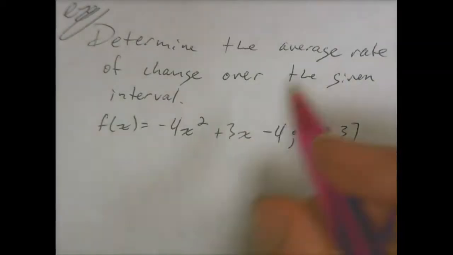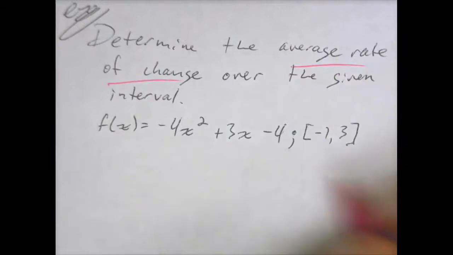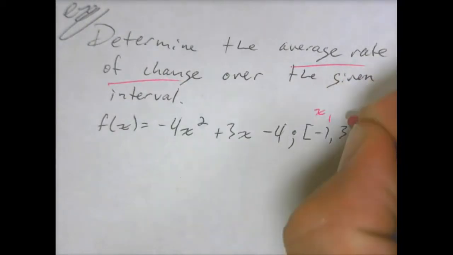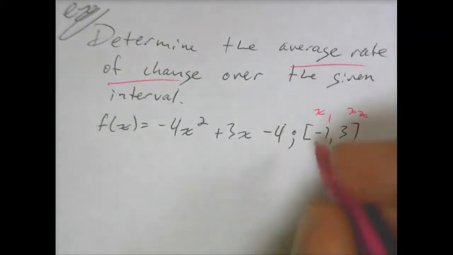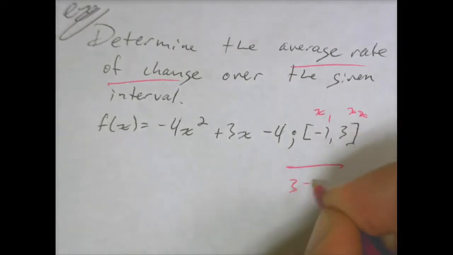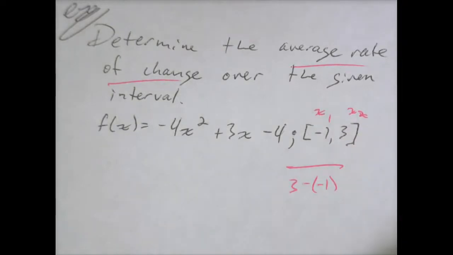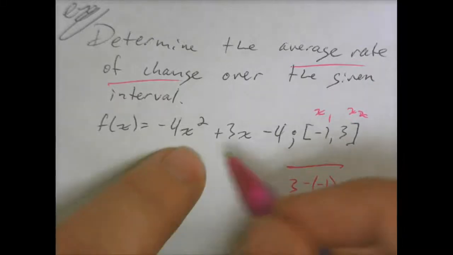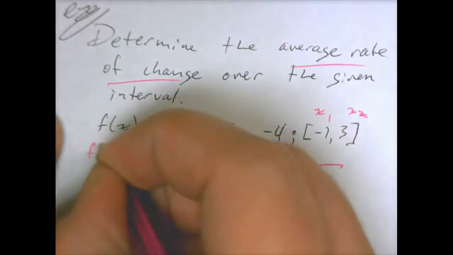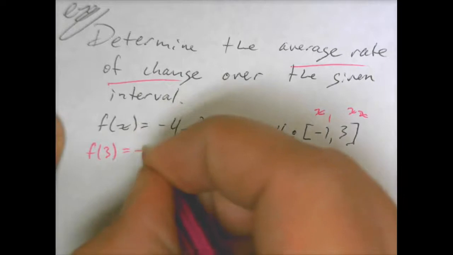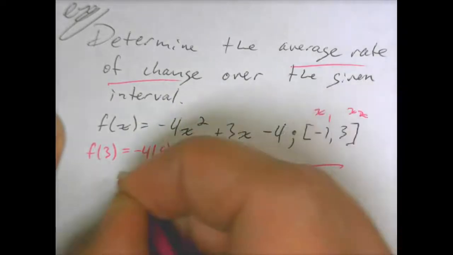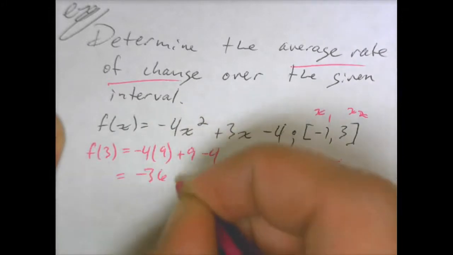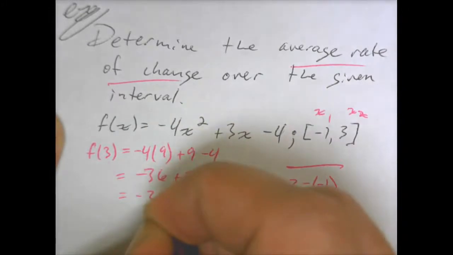So with this one, determining the average rate of change over the given interval, we are going from -1 to 3. All that means is x1 is -1, x2 is positive 3. So in my equation so far I have 3 minus -1. Now I need to find the y values associated with those. If I plug in 3, f of 3, I have -4 times 9 plus 9 minus 4, which is -36 plus 5, so that would be -31.